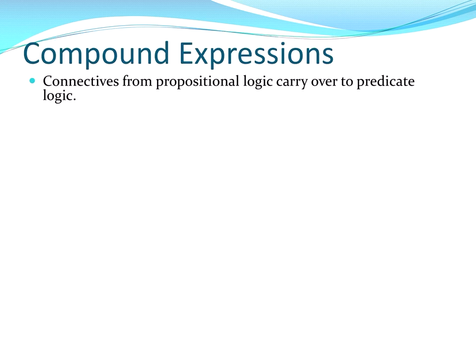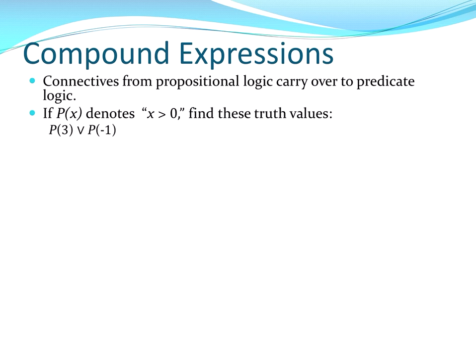All right, and since these are propositions when their variables are bound, we can use our connectors to create compound expressions with these propositional functions. P at 3 or P at negative 1. Well, P at 3 is true, and so it doesn't matter whether P at negative 1 is or not, that's going to be true.